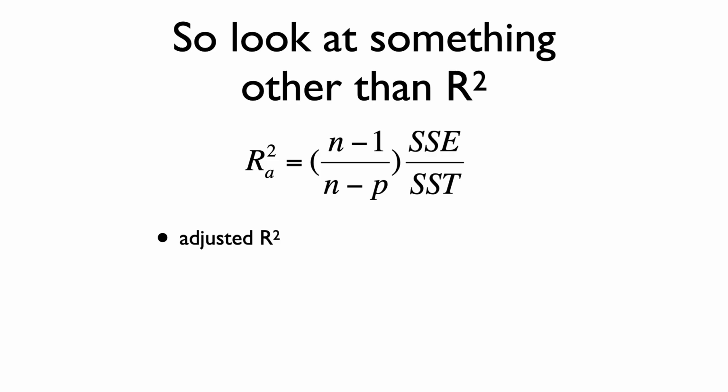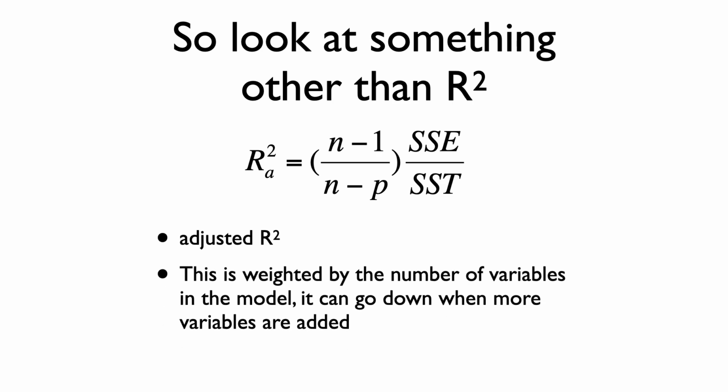Because it's weighted like that, it can go up and down, it can fluctuate. So if you add enough new variables, it can go down. If it goes down, you don't use it. Just don't use that variable.